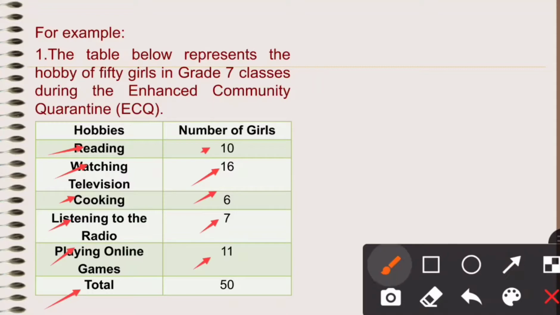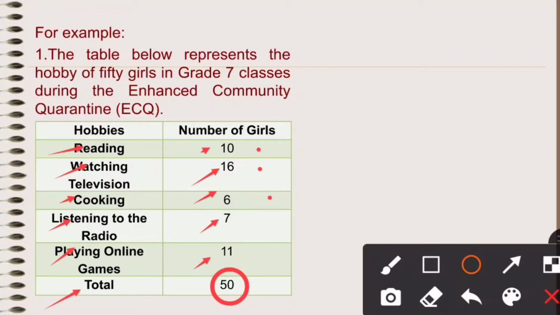Then we need to get the sum of this. I-add nyo lahat yan. Add or total. So the total is 50. How did it become 50? 10 plus 16 is 26.